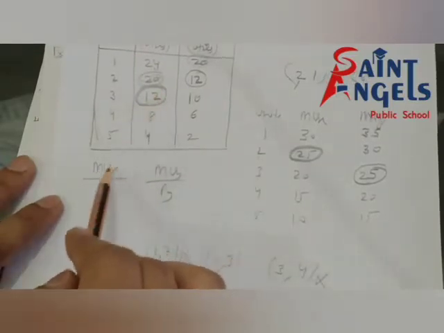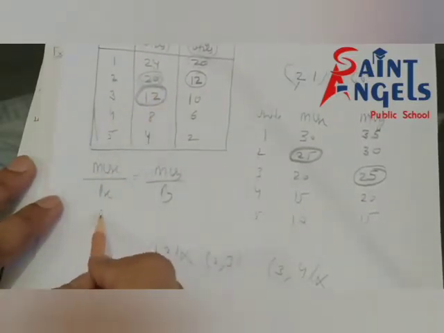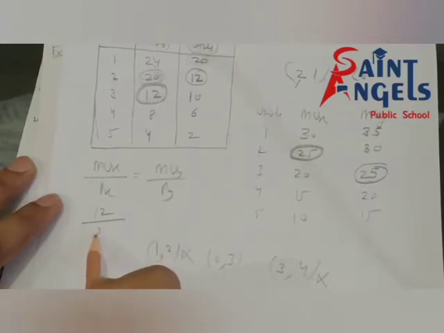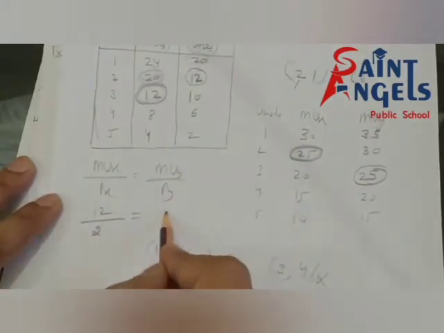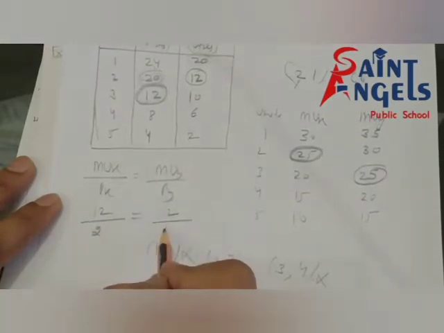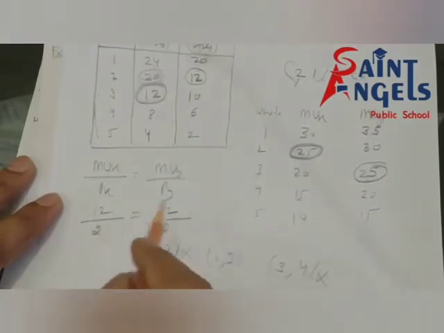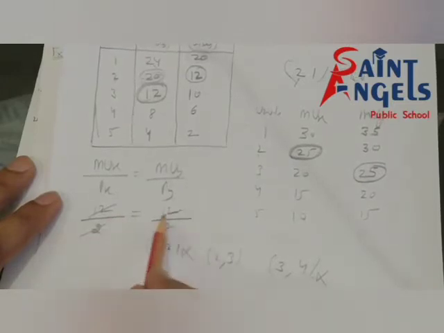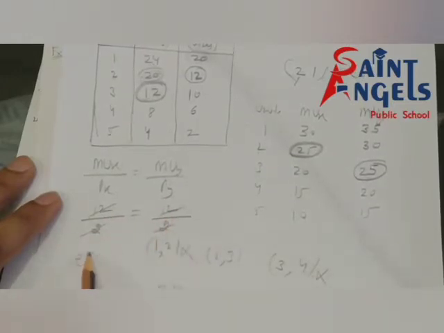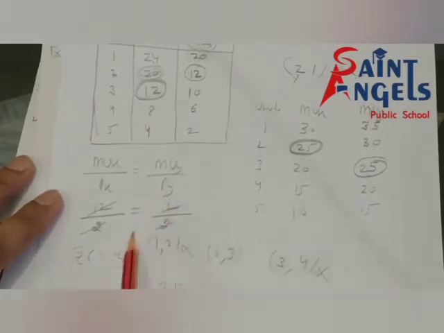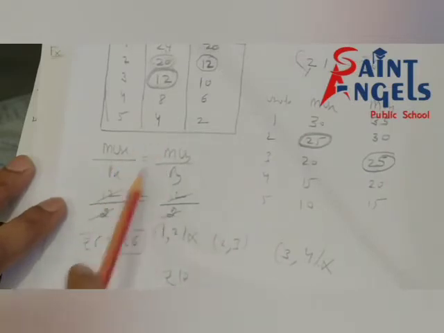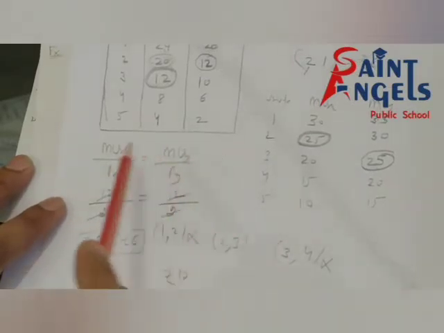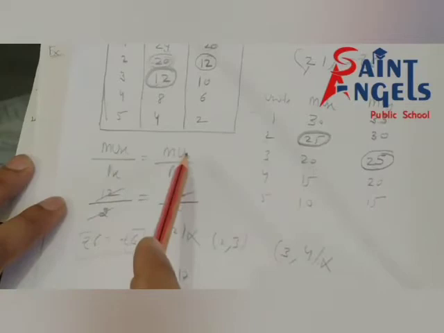MUx is 12, Px is rupee 2, MUy is 12 and Py is rupee 2 according to my example. Both are equal, means LHS equals RHS. I hope all of you have understood. This is proved: MUx upon Px is equal to MUy upon Py.